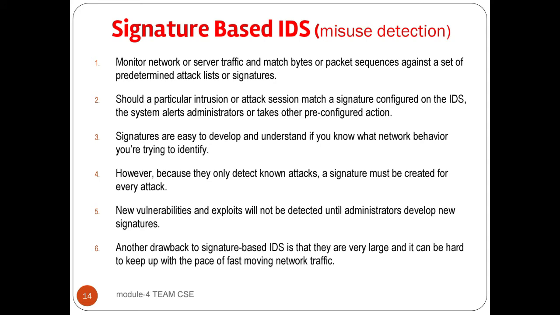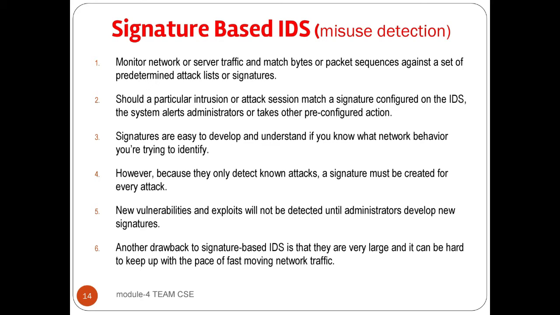Signature-based IDS is also called misuse detection. It monitors the network or server traffic and matches the bytes or packet sequences against a set of predetermined attack lists or signatures. Should a particular intrusion or attack session match a signature configured on the IDS, the system alerts the administrator or takes other pre-configured actions.